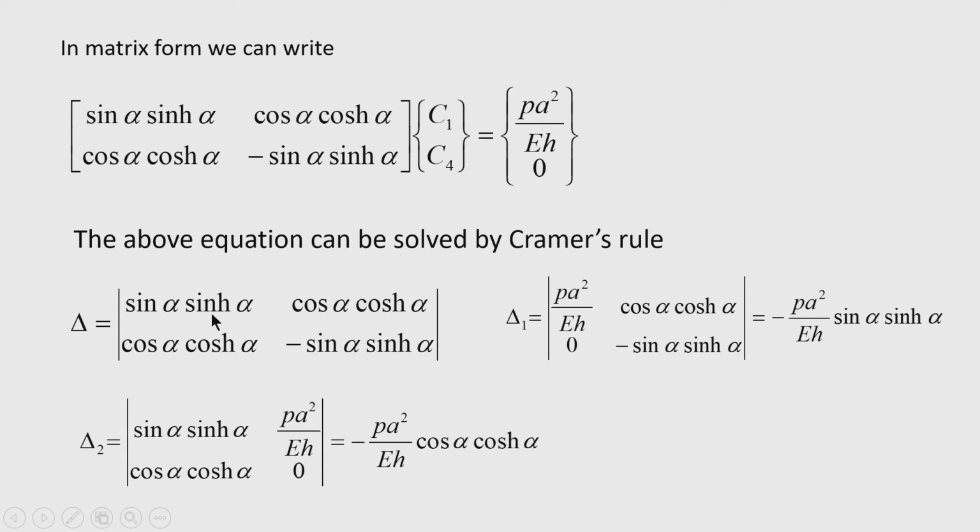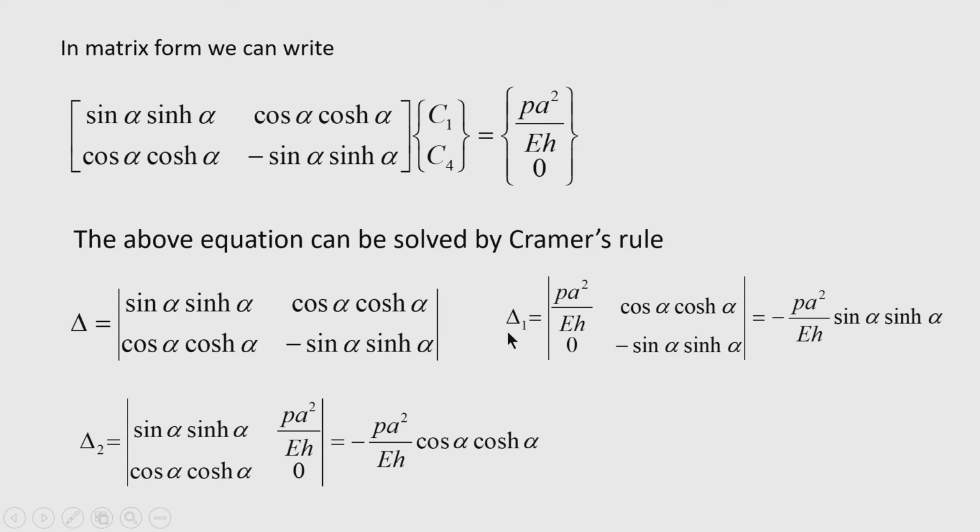So, sin alpha sin hyperbolic alpha, cos hyperbolic alpha, cos hyperbolic alpha minus sin alpha sin hyperbolic alpha. So, that is the determinant using the coefficients of the 2 by 2 matrix.